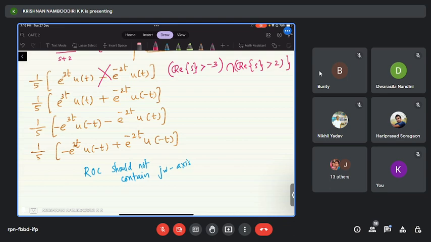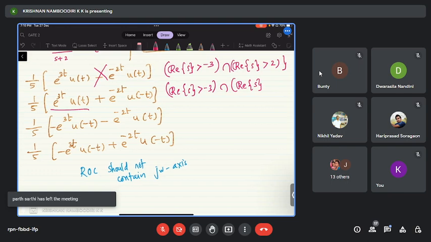Now the second one: e power 3t of t plus e power minus 2t of minus t. This will have an ROC, real part of s greater than minus 3, the first part, and the second part has intersection with real part of s less than 2. Correct?